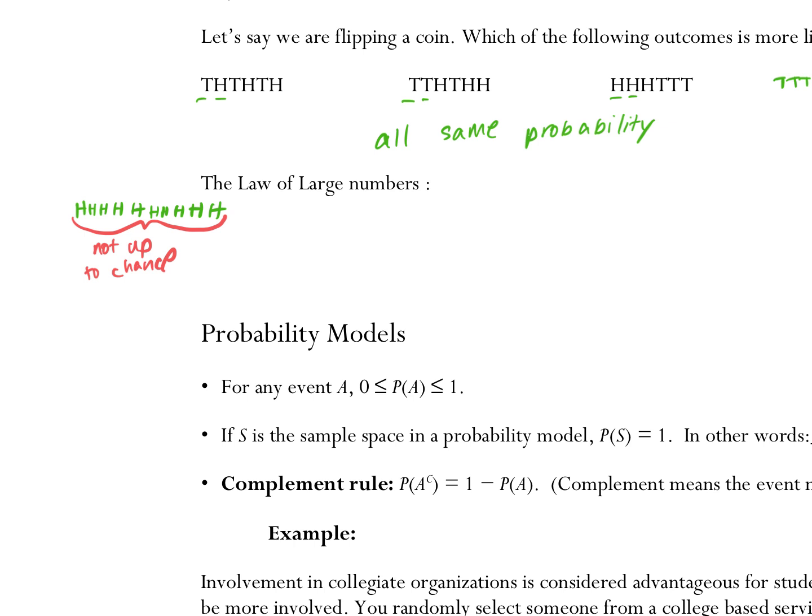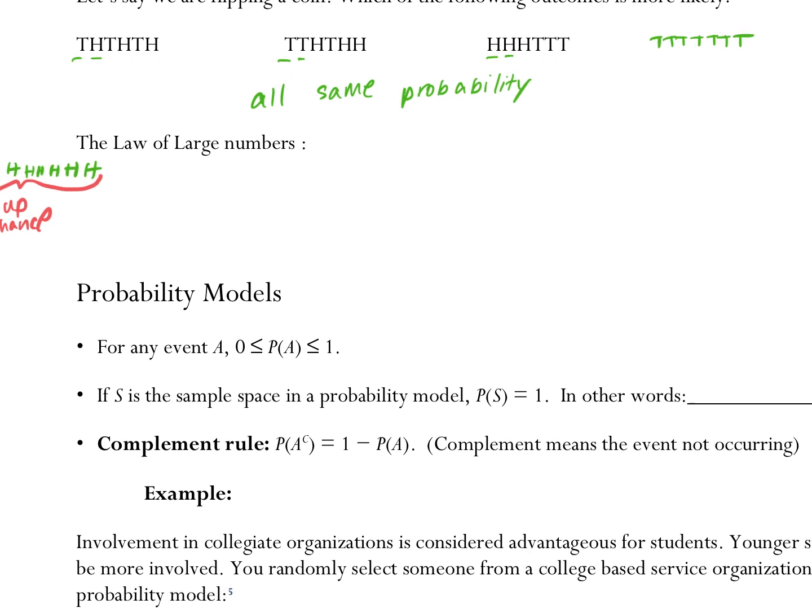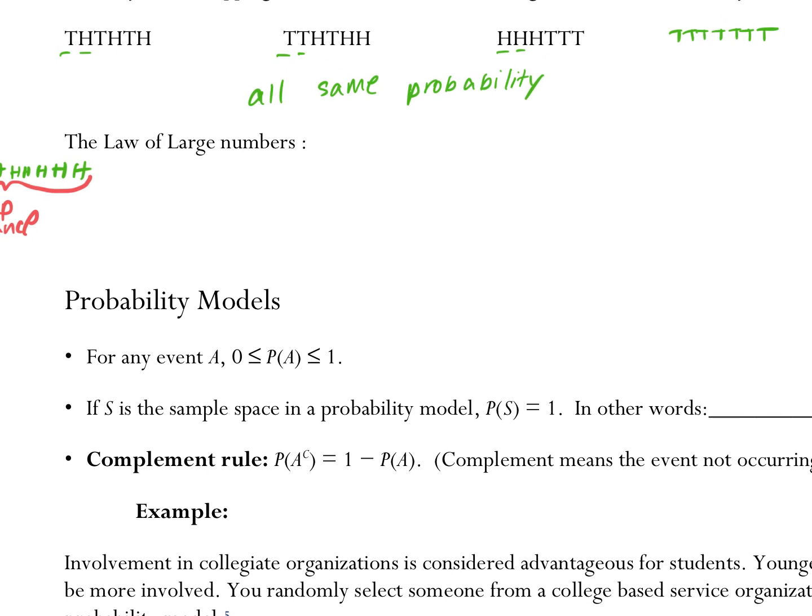Everybody good? Okay. So the law of large numbers basically says probabilities only hold for a large number of trials.